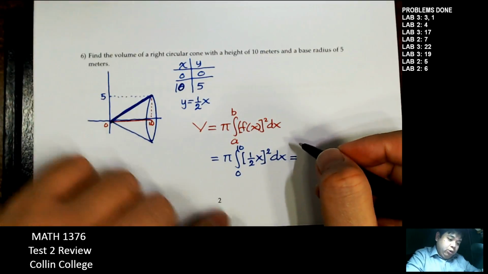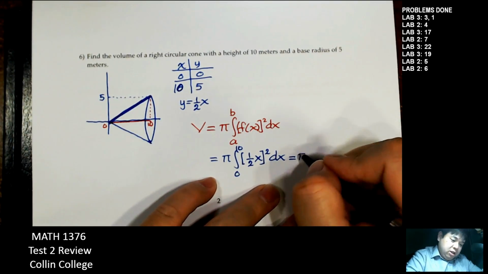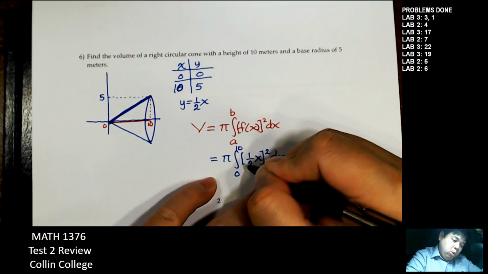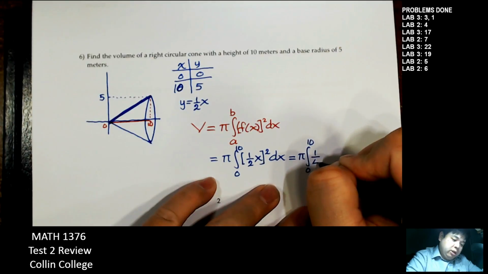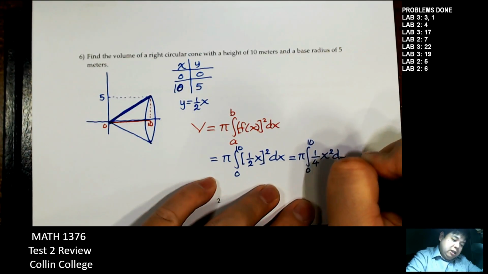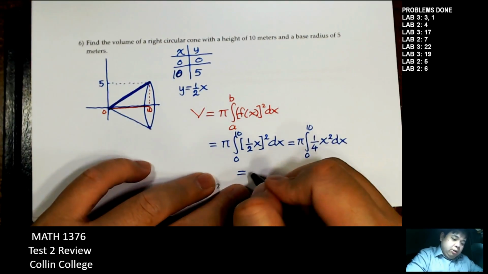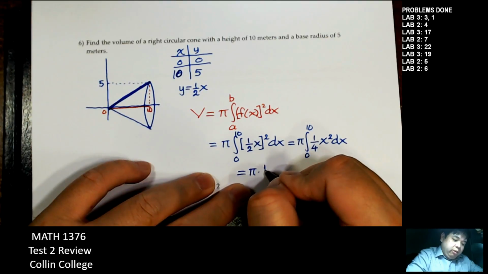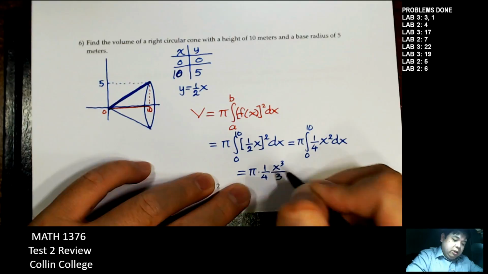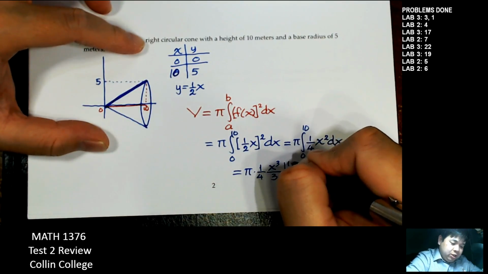Right, so we do that, we have pi. I could use a calculator, but this is simple enough. 1/2 squared is 1 over 4 x squared dx. Right, the integral will be just 1/4 x cubed over 3, that goes from 0 to 10.